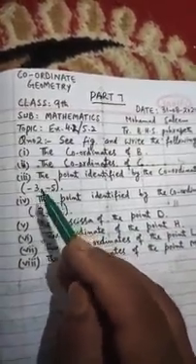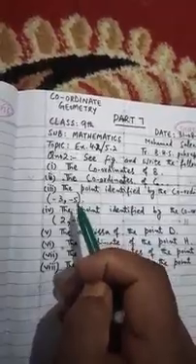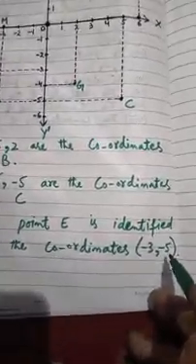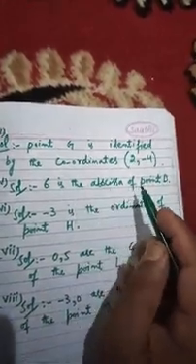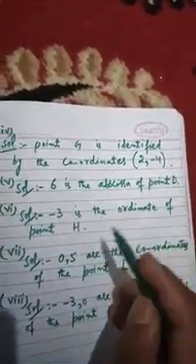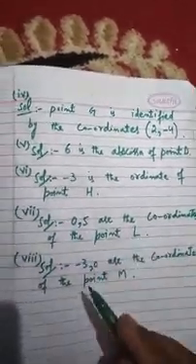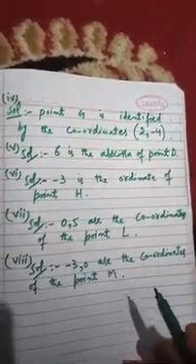Which point is representing -3, -5? We found out that point E is identified by -3, -5. Similarly point G is identified by 2, -4. 6 is the abscissa of point D. -3 is the ordinate of point H. 0, 5 are the coordinates of the point L. -3, 0 are the coordinates of the point M.